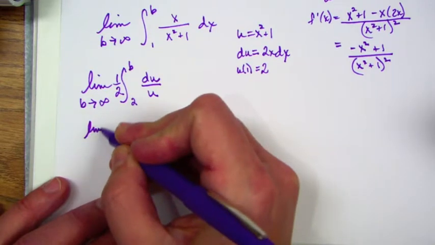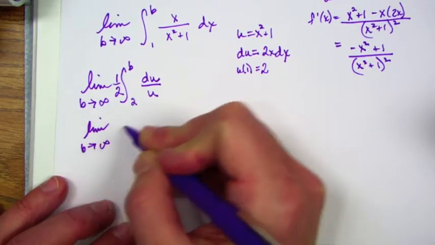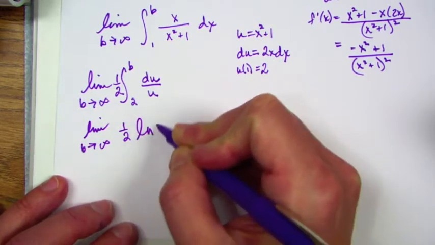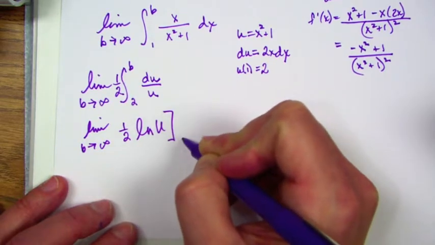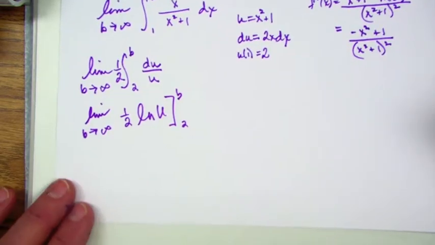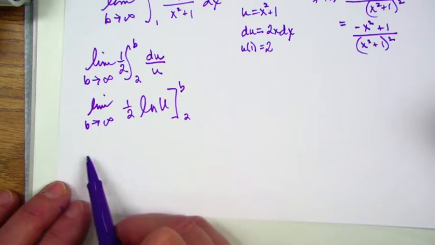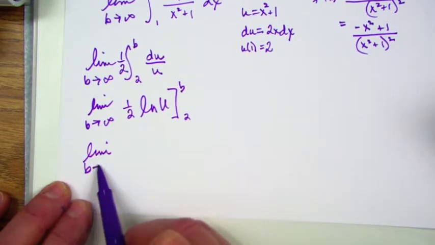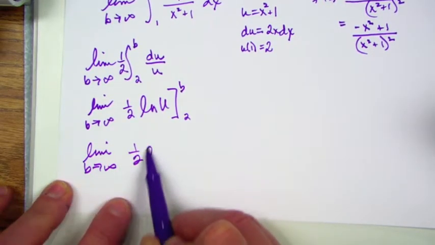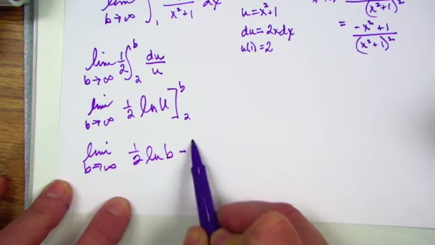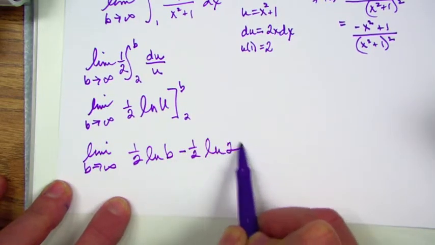So then this integrates to give me what? Right, ln of u from 2 to b. So I have the limit as b goes to infinity of 1/2 ln b minus 1/2 ln 2.